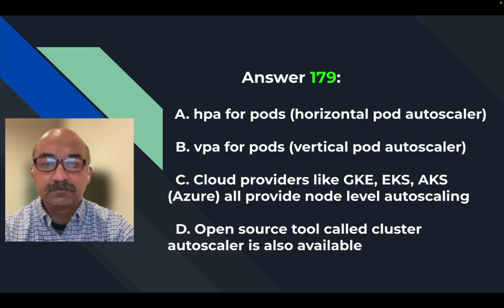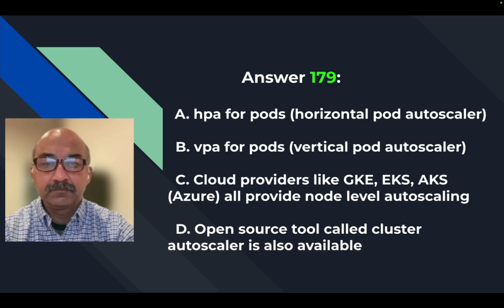Now, if you want your pods to die down and come back with more resources like CPU and RAM because you need them that way, you can also use VPA for that. And again, just like HPA, it stands for vertical pod autoscaler. It's a configurable item through your YAML files in Kubernetes.